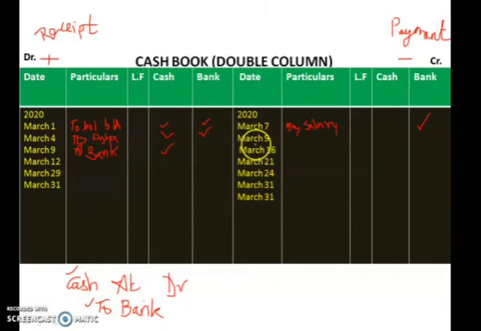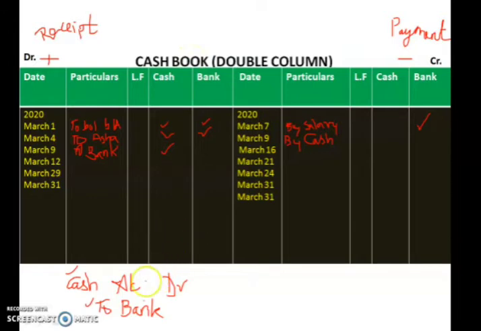Now the same entry, that is on March 9th, I have to record for bank by cash account. See, for cash as well as bank we have columns here. So I recorded debit aspect as well as credit aspect in this one particular account itself.